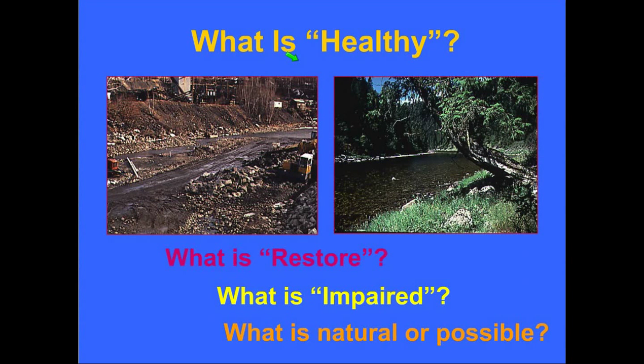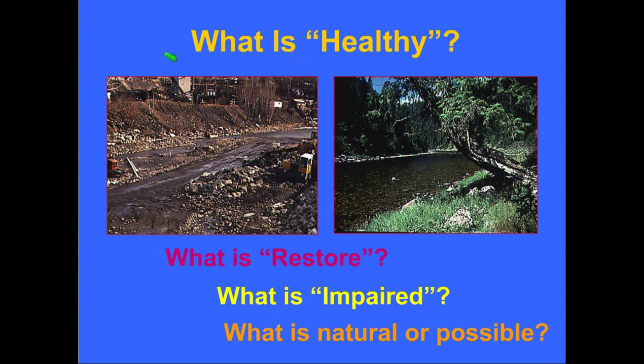We have a river in Colorado that if we were to restore it back to its original state, it would be a flash flood braided ugly stream. Right now it actually is a trout stream. But in its natural state, it was not a trout stream. So you begin to have to define what is restore, what is impaired, what is natural, what is possible.